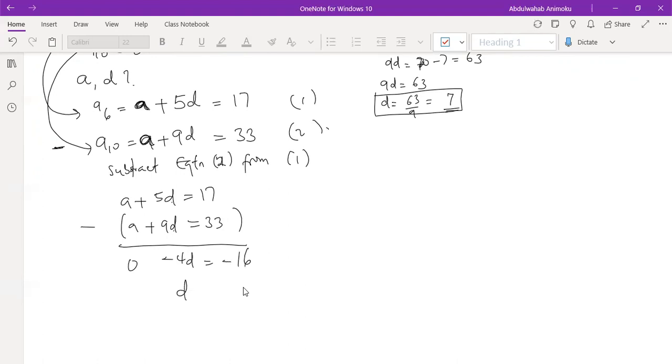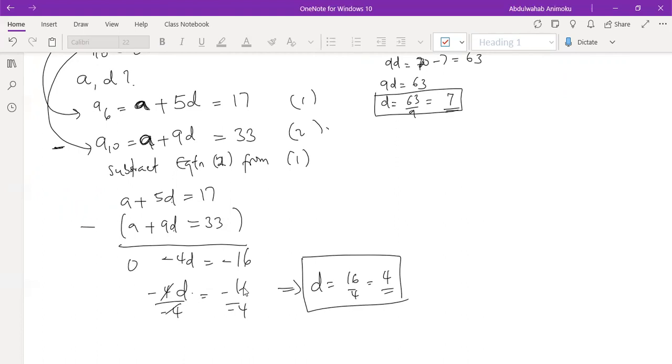Now, what does this give us then? D would be equal to, we divide both sides by minus 4. This would cancel out. This will give us D equals 16 over 4, which is 4, right? So which means the common difference is 4.